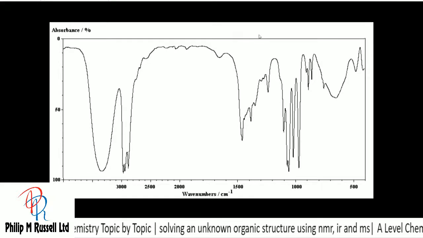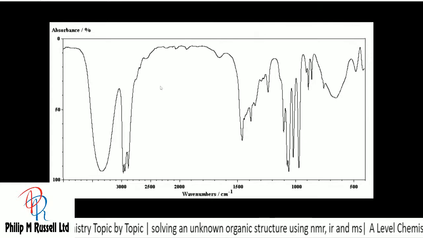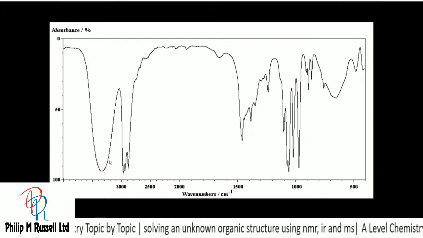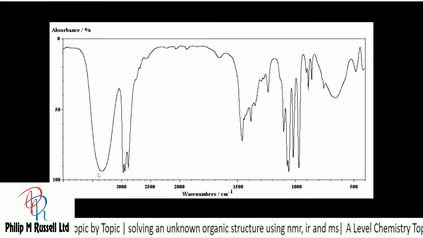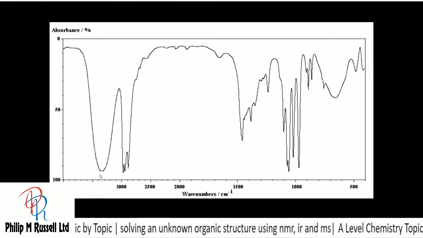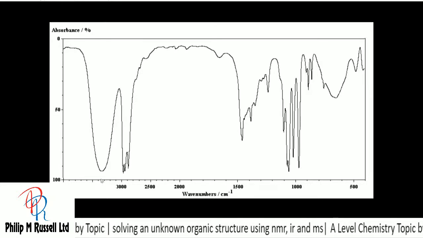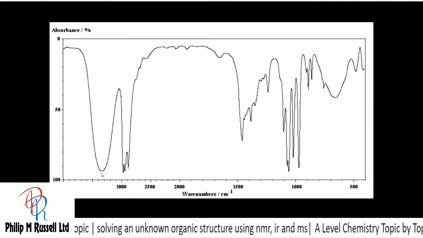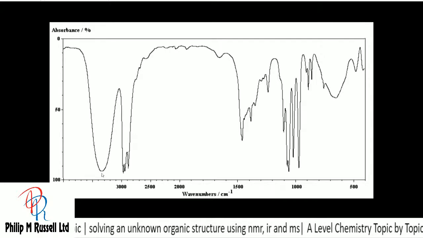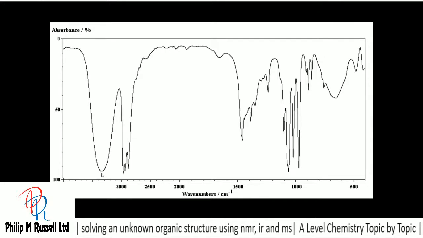Okay, so IR, you've got that really wide peak somewhere around, I'd say, 3.3, 3.4. Okay, and if we get our tables out, we can have a look at those.